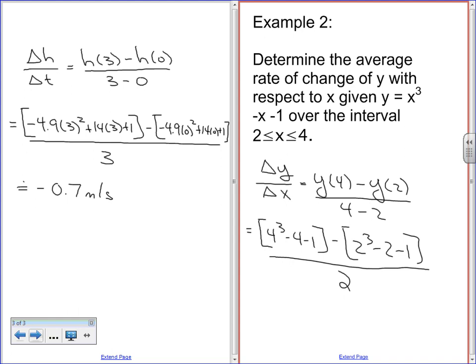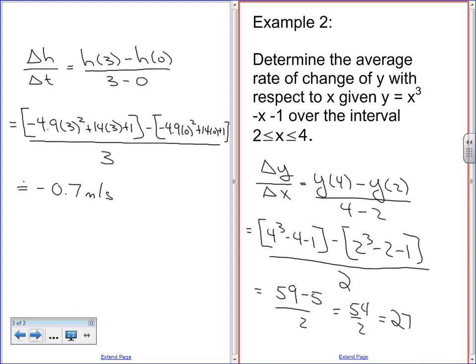Okay, so that would be 64 minus 5 is 59. Minus 8 minus 3 is 5. Divided by 2, which is 54 divided by 2, which is 27.